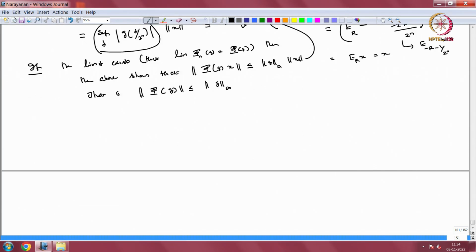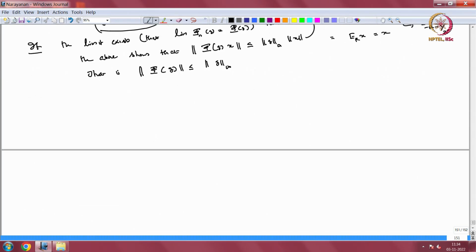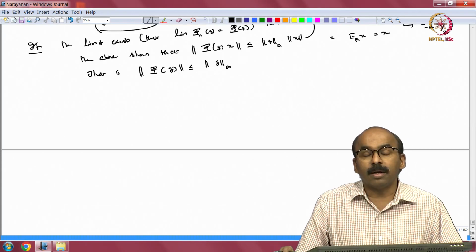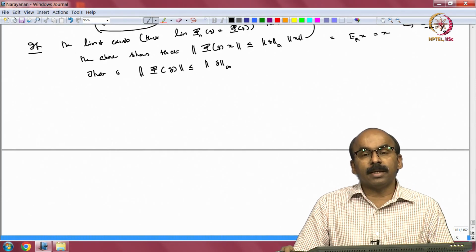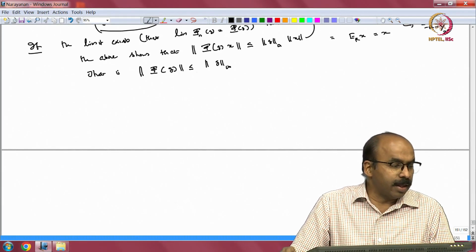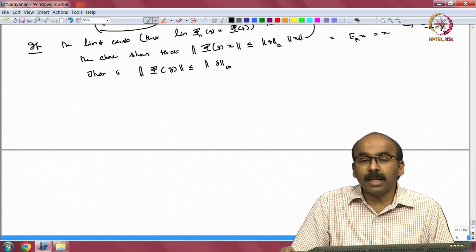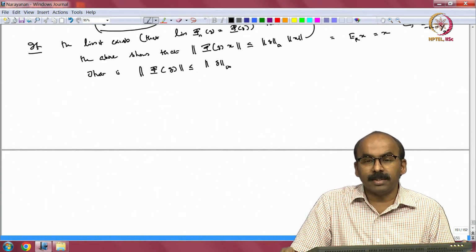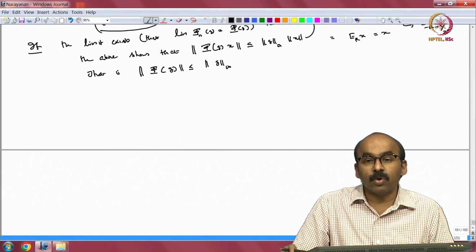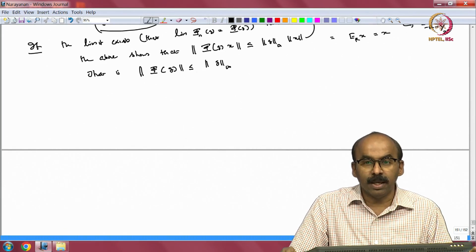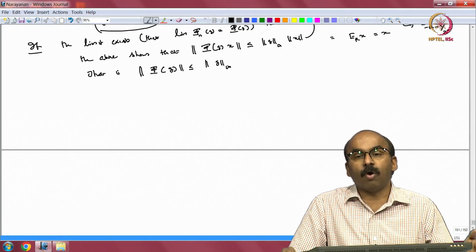Maybe proving that the limit exists, we will do it in the next class, but let me just tell you what we will do. To show that the limit of phi_n(g) as n goes to infinity exists, we need to show that phi_n(g) is a Cauchy sequence. So, fix g, look at phi_n(g) as a sequence of operators.